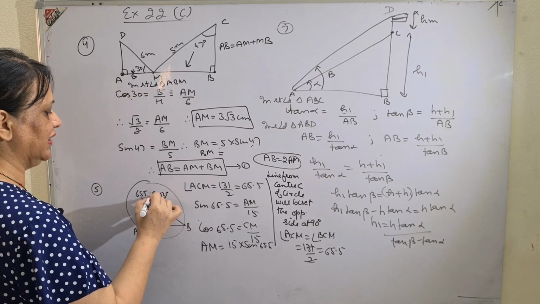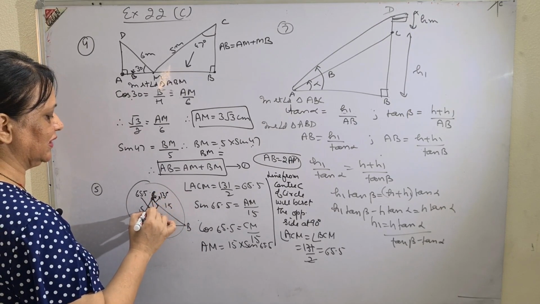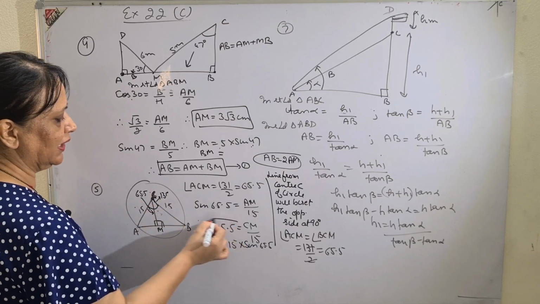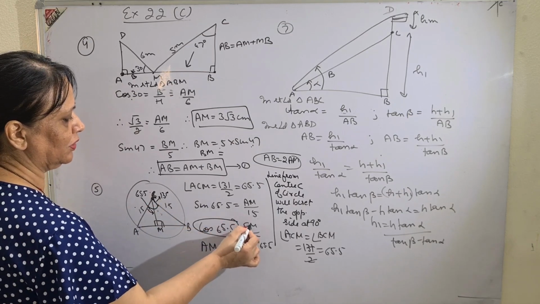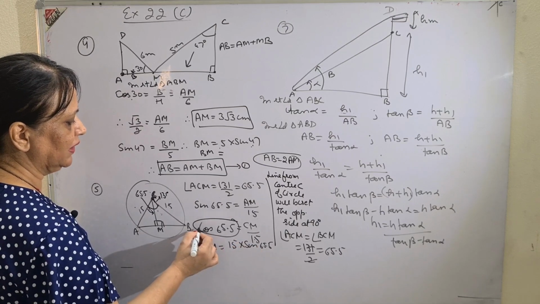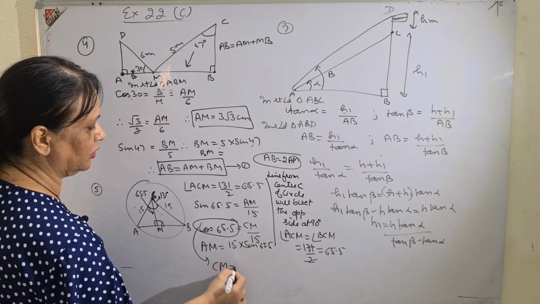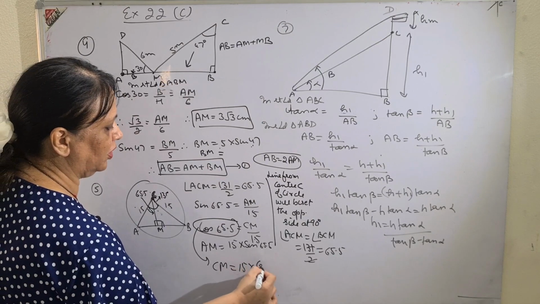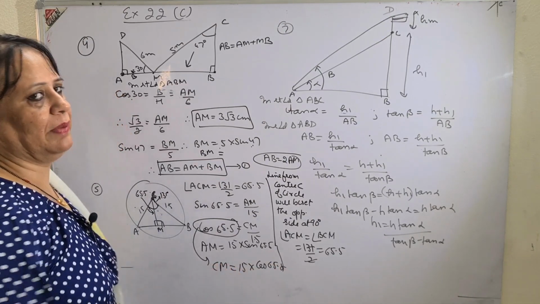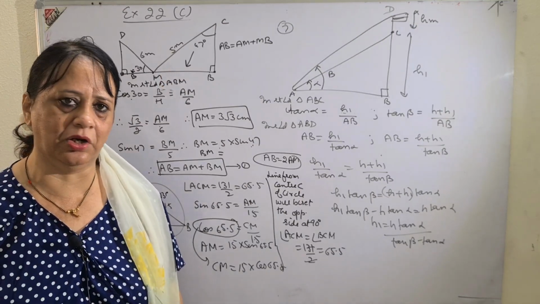When you have to find CM, because this is the side adjoining the angle, you go for base over hypotenuse, that is cos 65.5 is equal to CM upon 15, or CM is equal to 15 into cos of 65.5. Again, use the tables at the back for sine and cosine, otherwise the logbook.